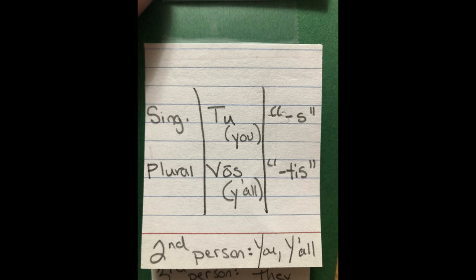For example, amas means you love. For the plural, write the ending tis. When you have the ending tis on a verb, the verb means y'all are doing the action. So for example, docetis, y'all teach. And that is the second person of Latin, you and y'all.